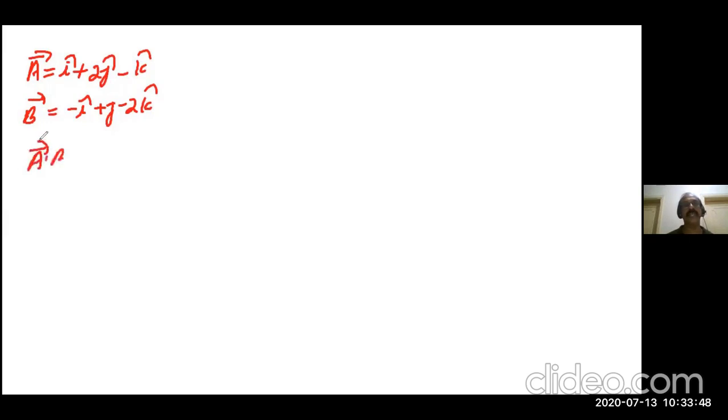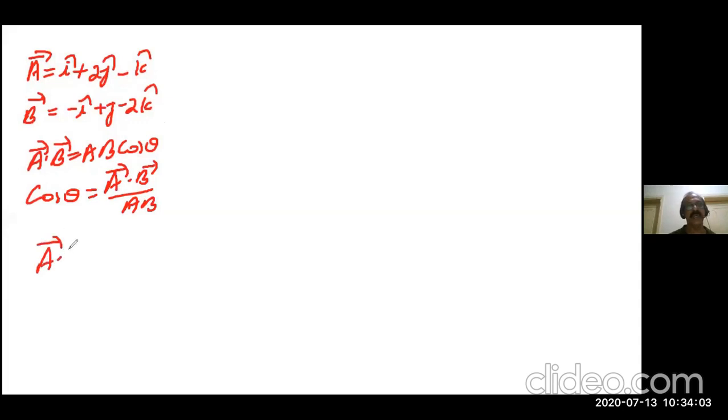Yes, sir. Now we can write A dot B is equal to AB cos theta. That means cos theta is equal to A dot B divided by AB. Now we need to find out A dot B and AB, isn't it? A dot B, you can directly multiply.